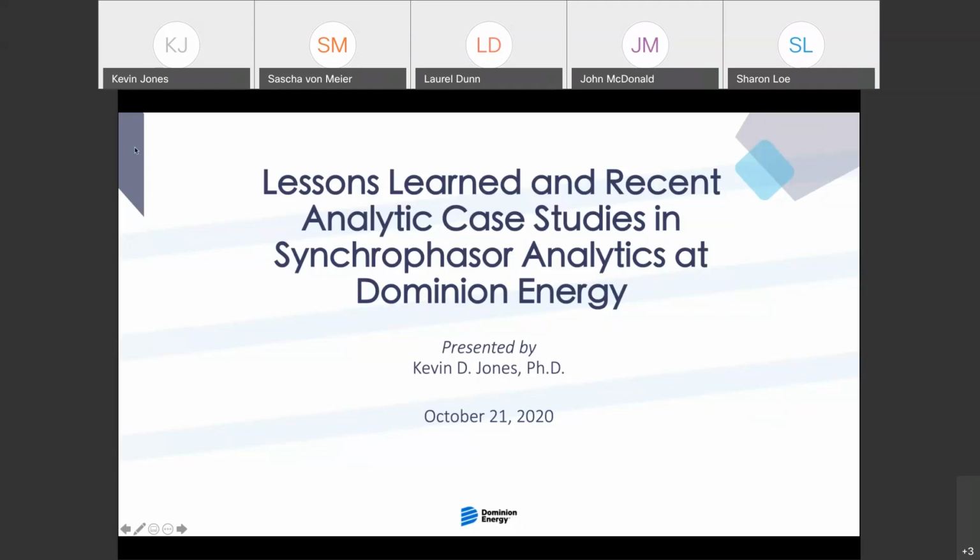What are the things that they need to keep in mind as they progress, and what are potentially some of the things that they should avoid? How should they think about these things strategically and organizationally? And then the second is some really interesting case studies where we've been able to exploit our Synchrophasor data and data analytics platform to do some really interesting things. So with that, I'll jump in.